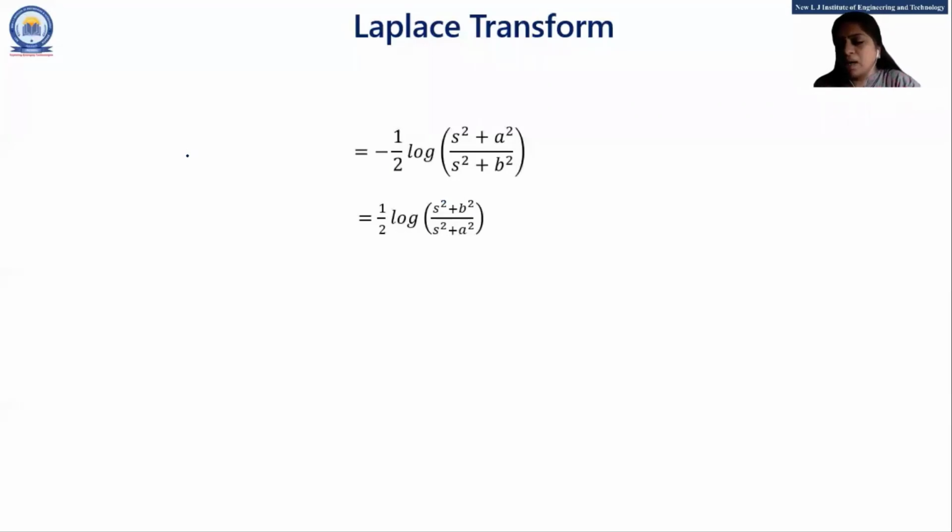Students, you all may think that it is very easy. Yes, all topics are very easy, but it is a very lengthy chapter. So normally what is the problem of the students? At the last, all things are gathered, right? You have to remember everything: what to do in the first shifting theorem, what to do in the second shifting theorem, what to do when you are asked for Laplace of t into f of t, what to do when you are asked for Laplace of f of t upon t, right?